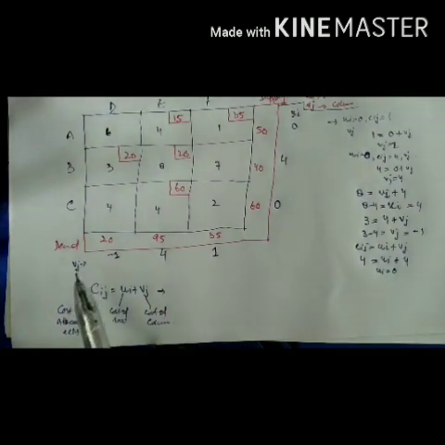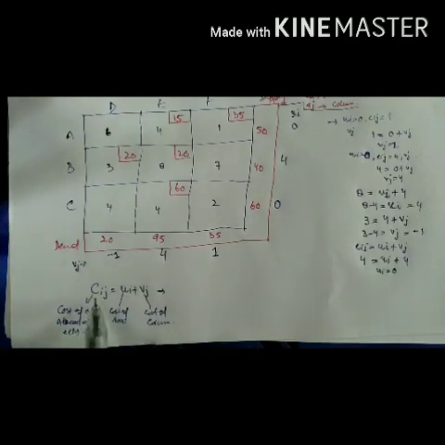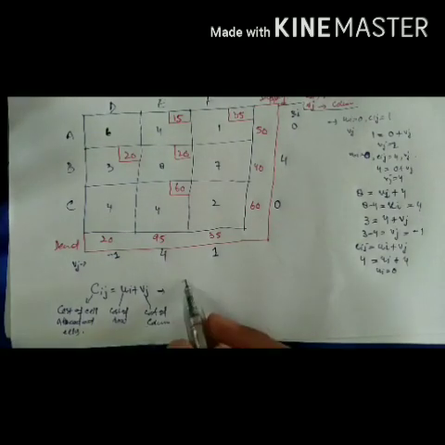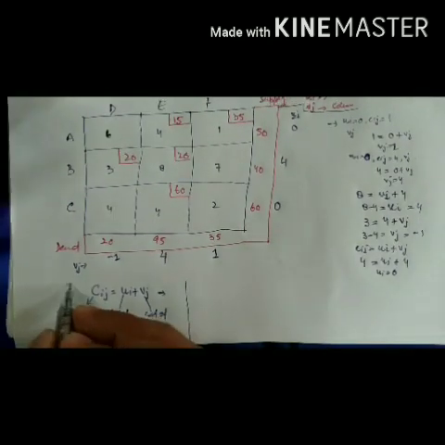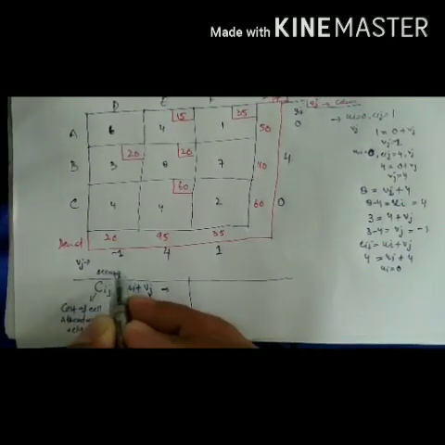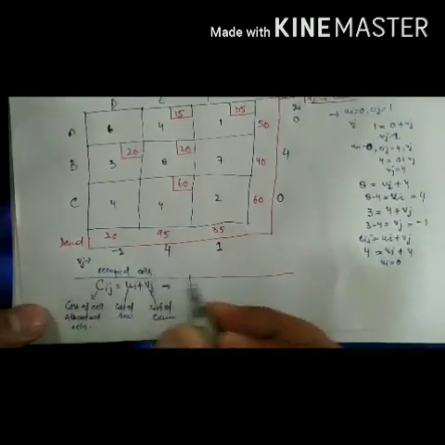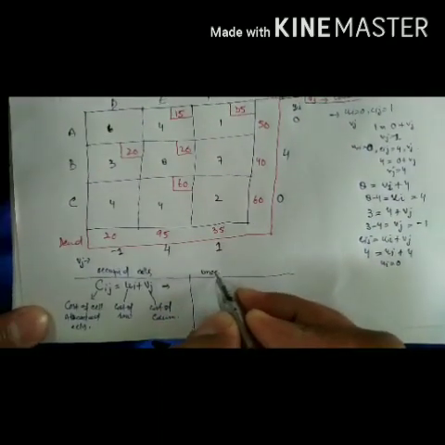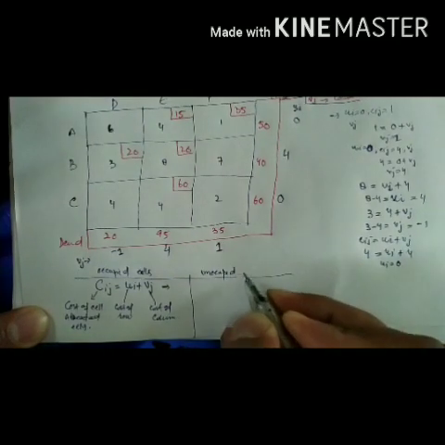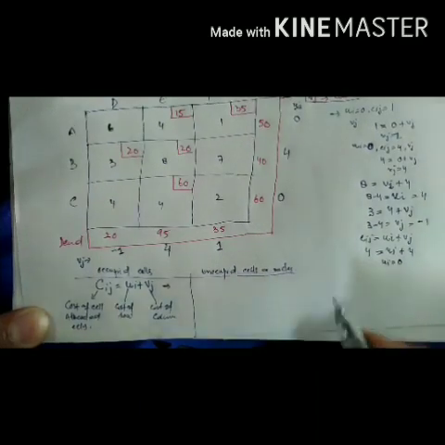Now what I need to do after this: first of all, in this formula I have considered only those cells which are occupied cells. Now we have another formula for unoccupied cells. This formula is for occupied cells or routes, and this is for unoccupied cells or routes.